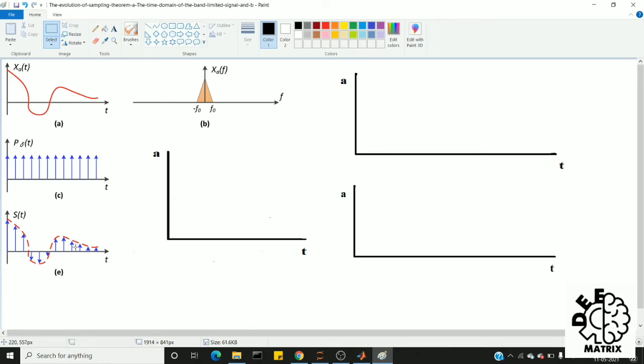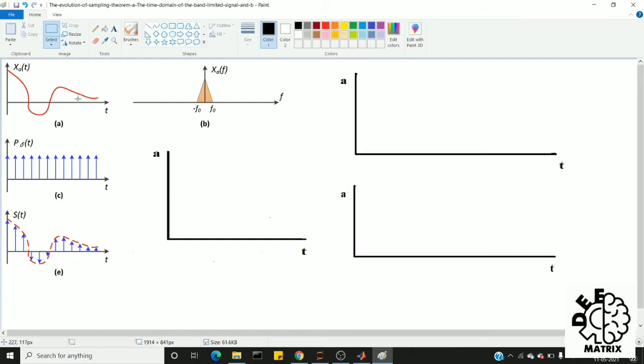The theorem states that these arrows are nothing but samples. If we have these samples, their frequency should be twice the maximum frequency of the input signal. Let's consider the frequency of the signal to be 2. So my f of s, which is the frequency of these blue arrows, should be twice the maximum frequency.